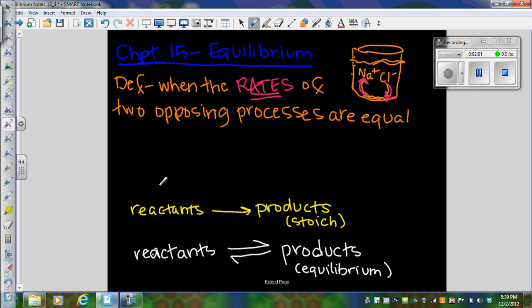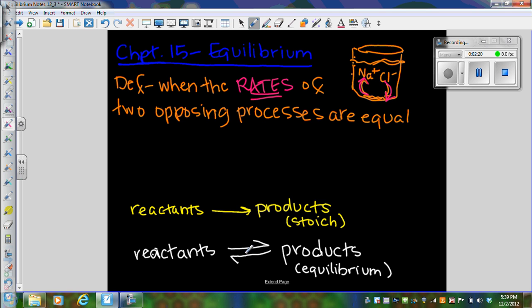Okay, so anyway, the way we want to look at this in terms of thinking about reactions is we have reactants and we have products. And you've seen arrows, one-way arrows, and then we've also shown you arrows which are pointing in both directions.